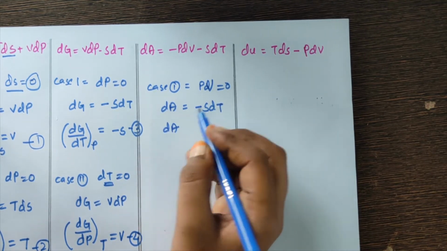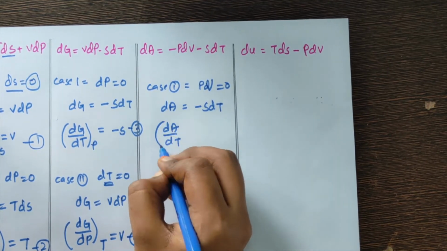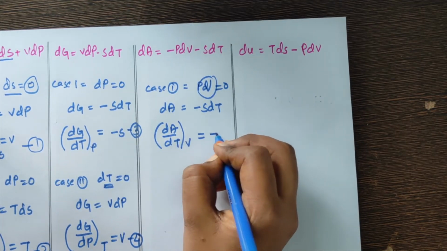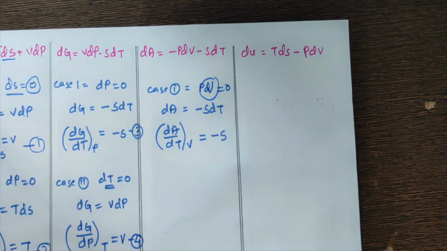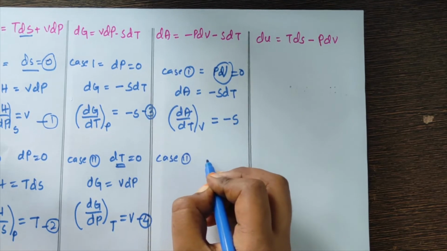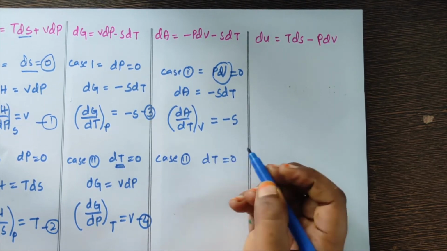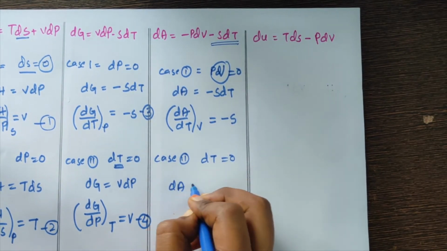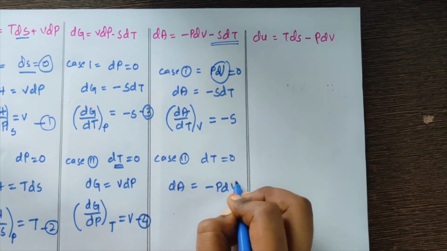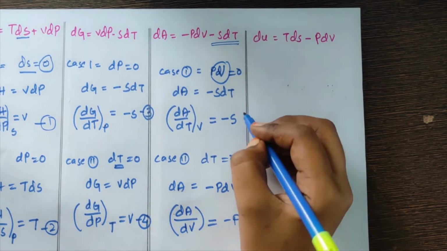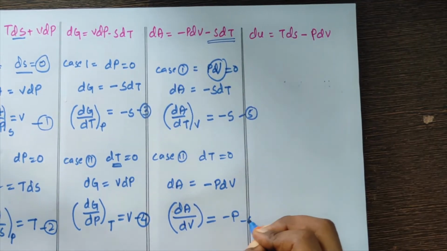Then dA by dT at constant V will be equal to minus S. And in case 2, take dT equal to 0, then the entire term of S dT will be equal to 0, then dA will be equal to minus P dV, then dA by dV will be equal to minus P. This will be equation number 5 and this will be equation number 6.